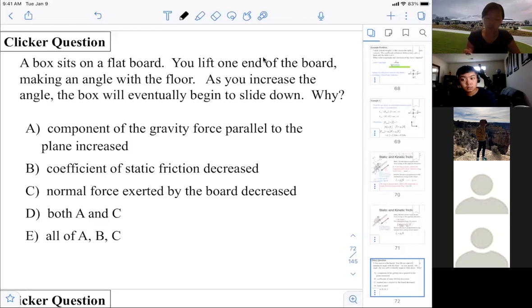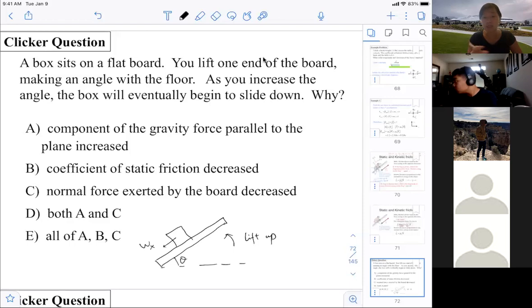And what is that component, the one pointing along the ramp? That is the x component.